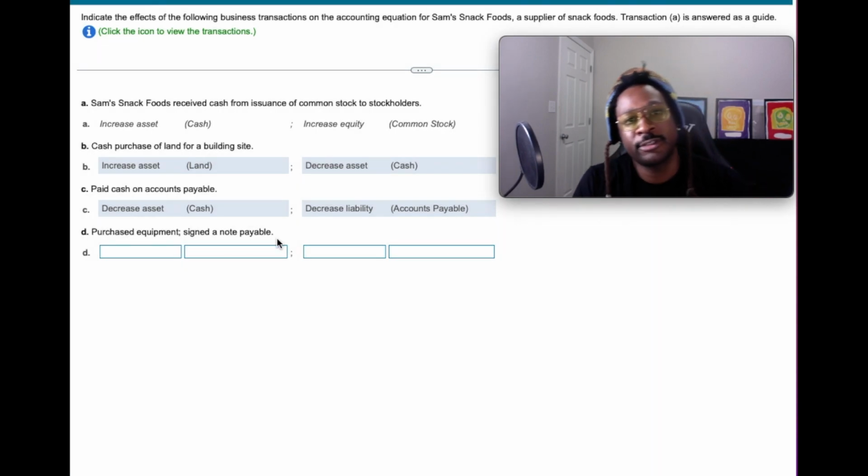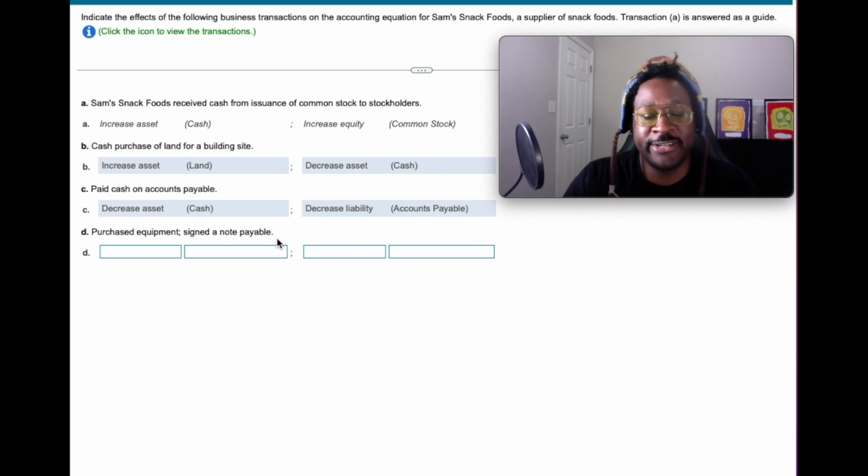Again, keywords, equipment and note payable. Equipment is an asset, gang. So we bought some equipment. So guess what? That asset is increasing in the business. How did we buy it? Through a note payable. Keyword, payable. As I just said, that's a liability. And since we purchased this asset with a liability, we now owe. So our liabilities in total do what?